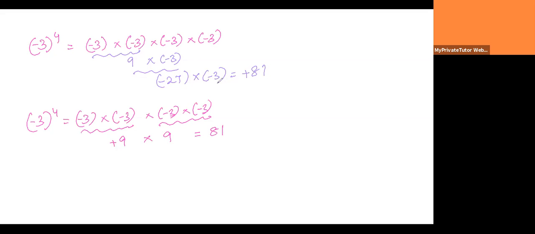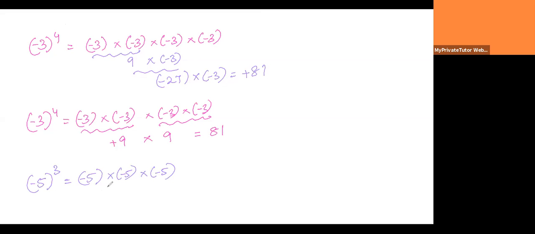See why we got a positive answer here. I hope everyone understands the reason. The reason is we have an even exponent. For example, if we have minus 5 to the power 3, which is minus 5 cubed, what will happen? Minus 5 times minus 5 times minus 5.